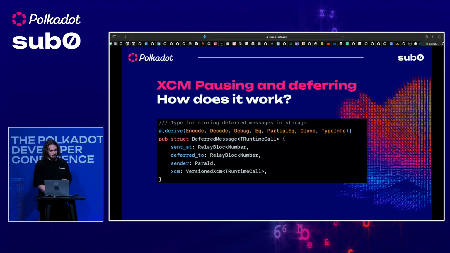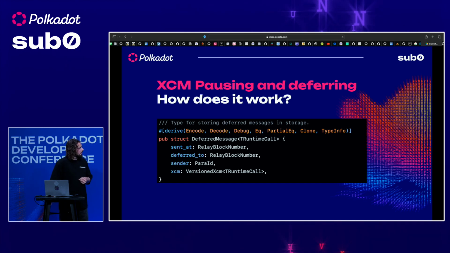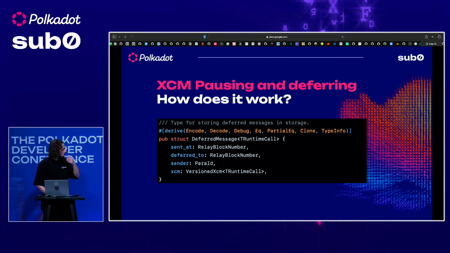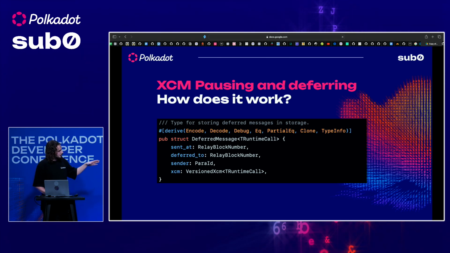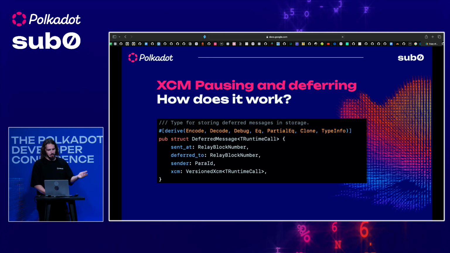Then we have a new thing, which is deferred message, a struct for storing messages in storage. It's pretty simple: you have the time period the message was deferred to, the sender, and again the XCM so that we can replay the message when it's due.